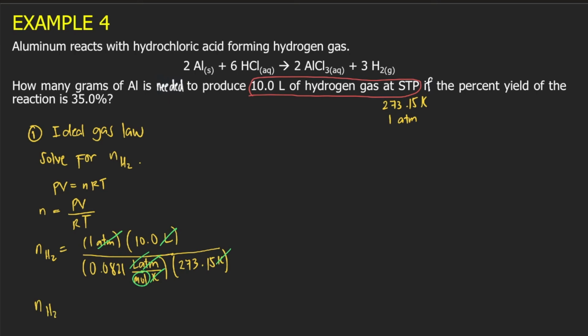So the moles of H2, if we solve this using our calculator, we have 1 times 10 divided by 0.0821 times 273.15. You will get approximately 0.446 moles of H2. According to the problem, this is the amount of H2 that you need to produce.